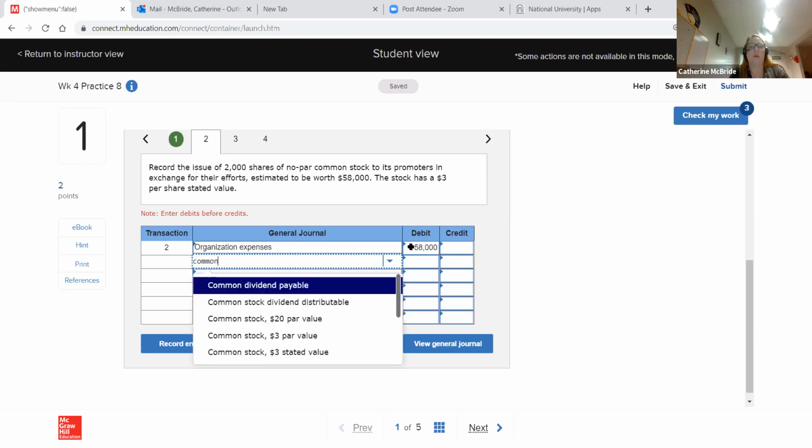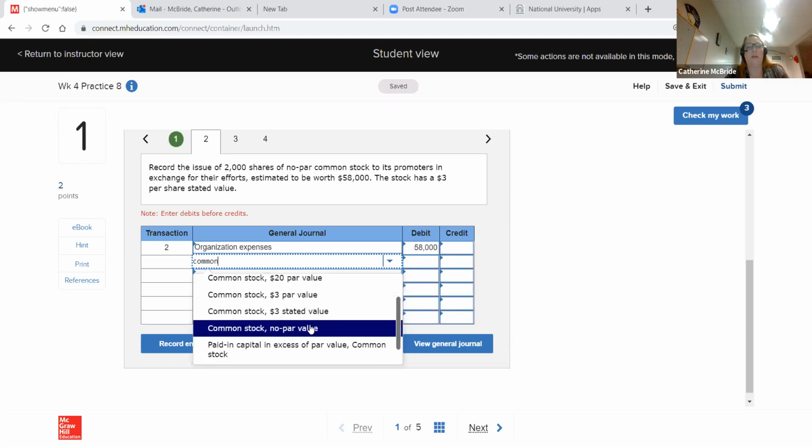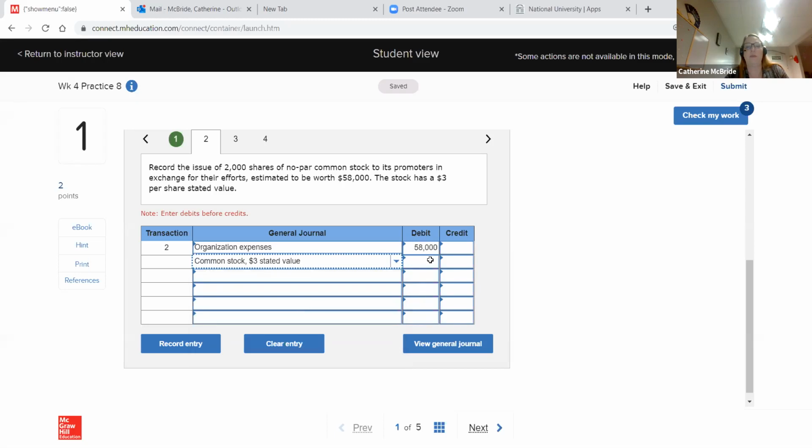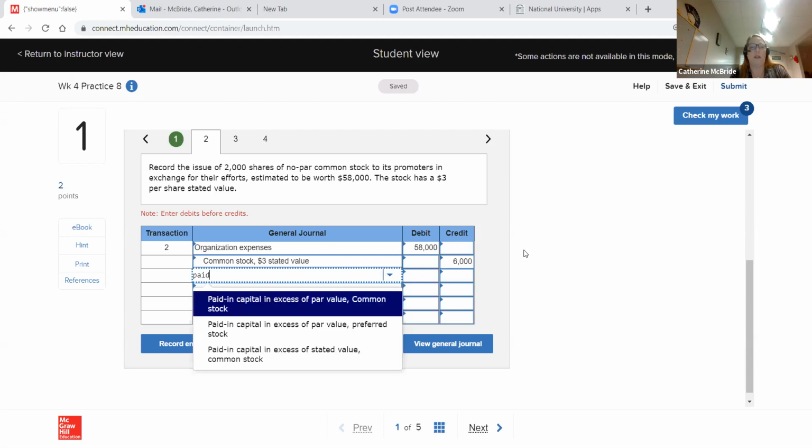And I'm going to issue common stock with a $3 stated value for 2,000 times 3, so $6,000. And I am going to put all the rest into paid in capital in excess of par.